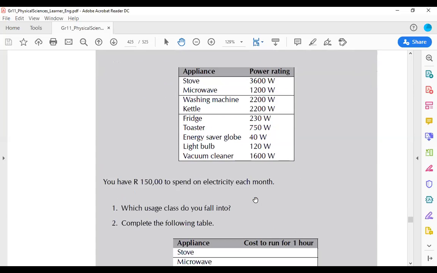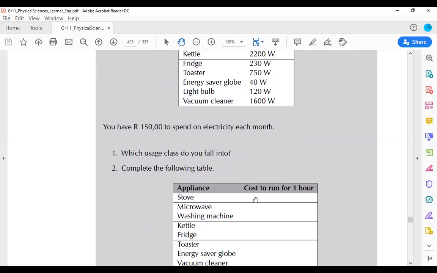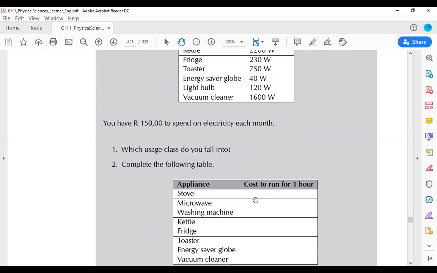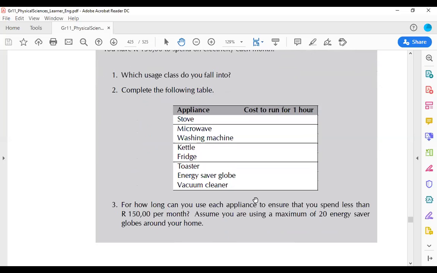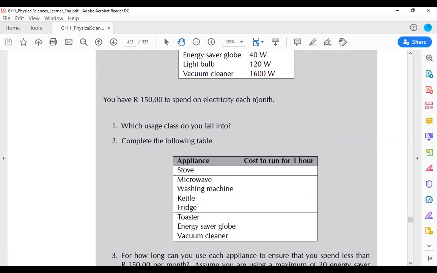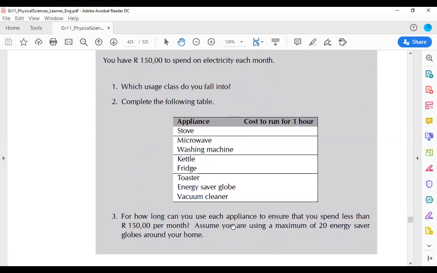I'd like you guys to go and do this for homework, and tomorrow when we start class, we'll go through it. Here they want to know which usage class you fall into, and number two, they want you to complete the table: the cost to run for 1 hour. Okay, please do this for me.